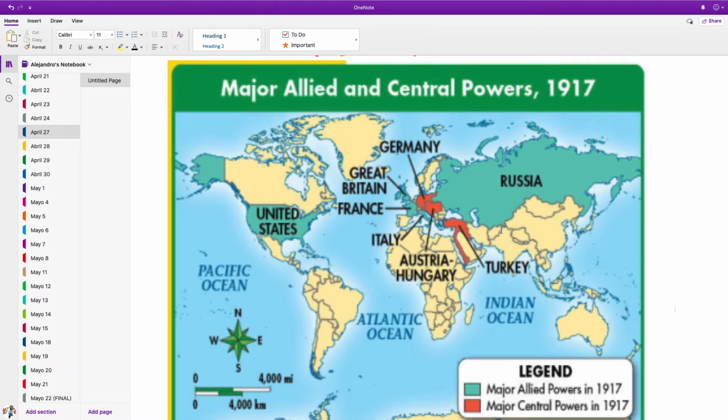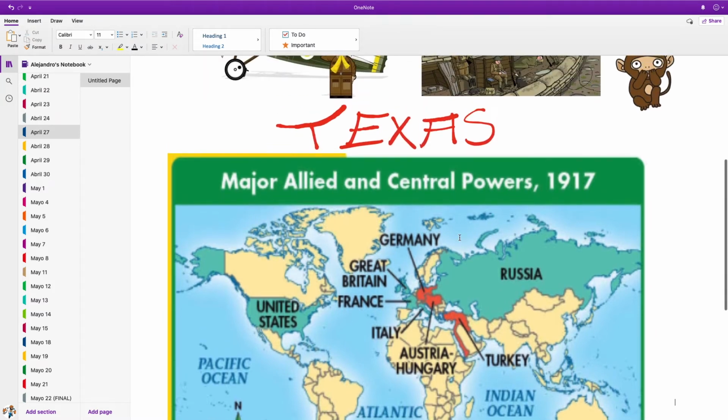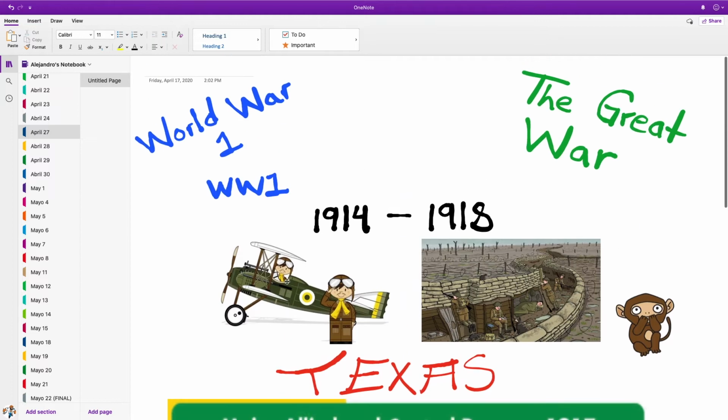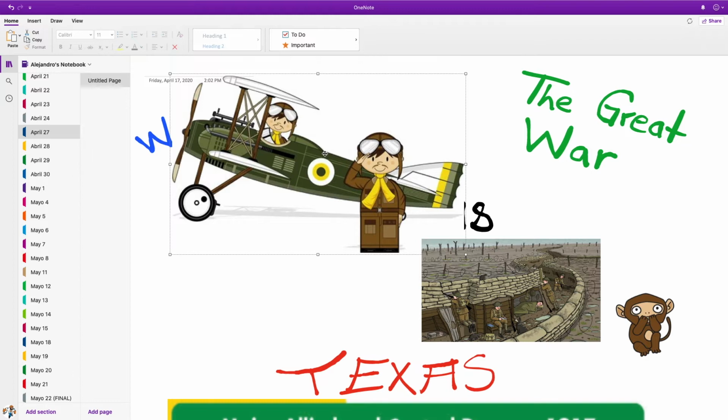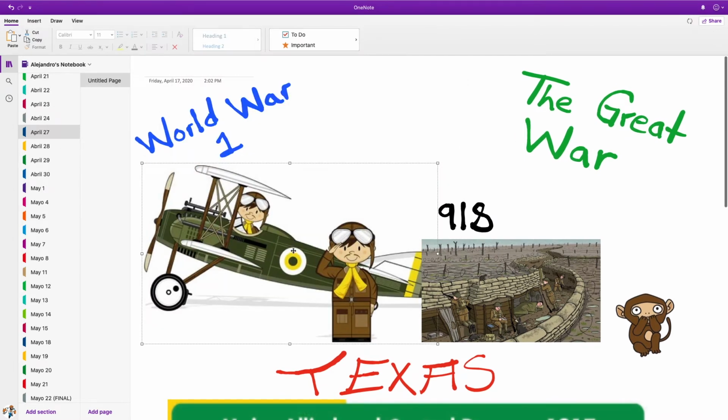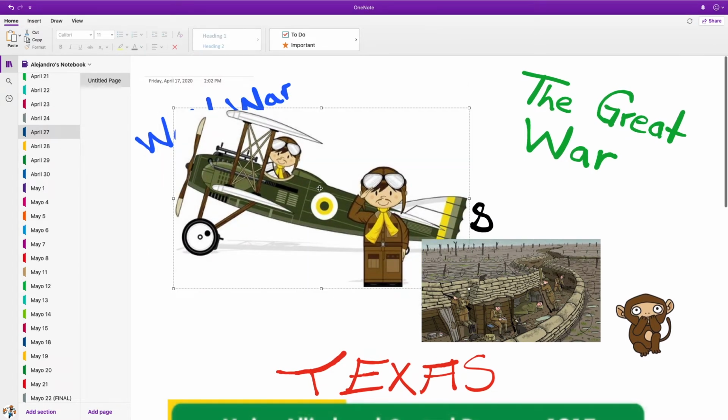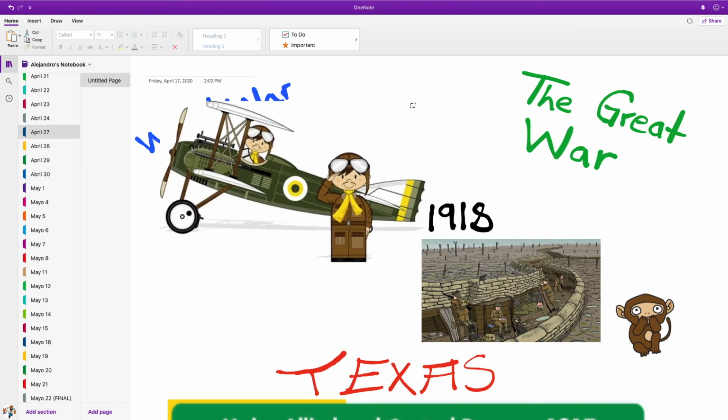Because at that time, the armies had airplanes and they had more powerful weapons. So people knew that destruction was going to happen because they had more inventions like the airplanes. This was the first war when soldiers started to use airplanes.